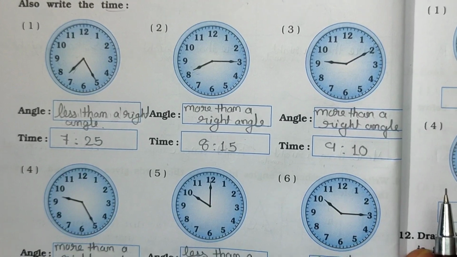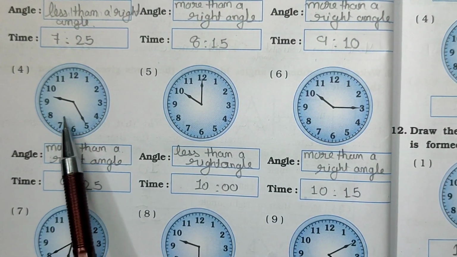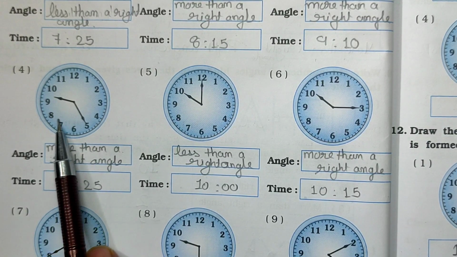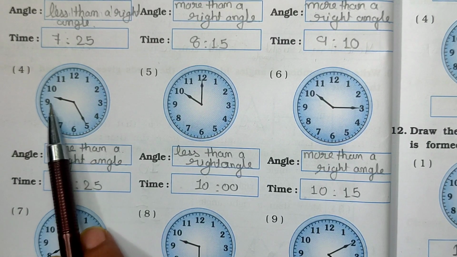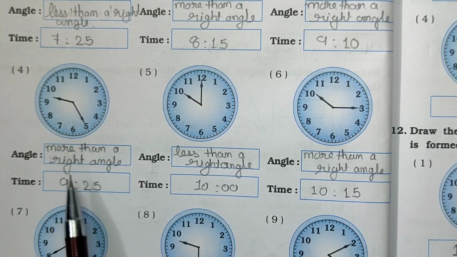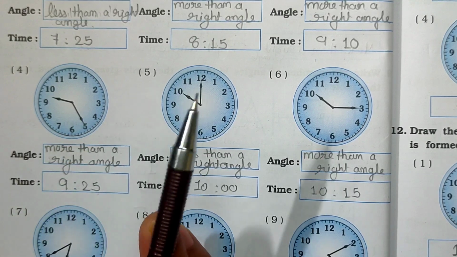Now see the fourth one. Here the hour hand जो है वो 9 and 10 के बीच में, and the minute hand is on 5. So you have to consider 9:25, not 9:30. Okay, so write down here 9:25, and it's more than a right angle.